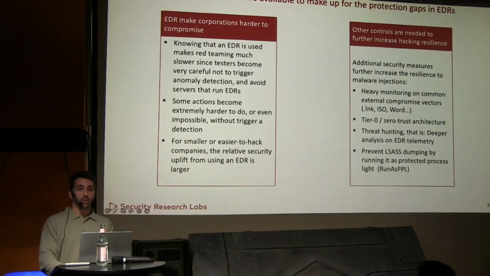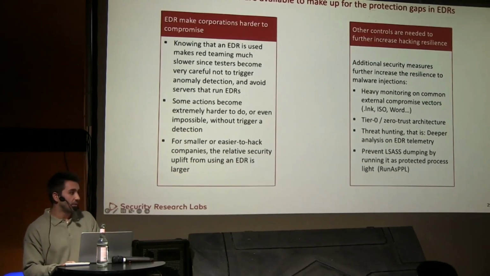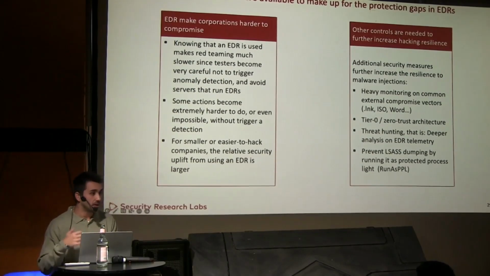And also, you need to perform threat hunting on the data the EDR is giving you. The telemetry of the EDR is really useful. Some of the things that the EDR is not showing you, for example, is that when I did the attack, actually in the EDR backend, there were some traces of what I was doing, but it just wasn't that important for the EDR to show it to the user.